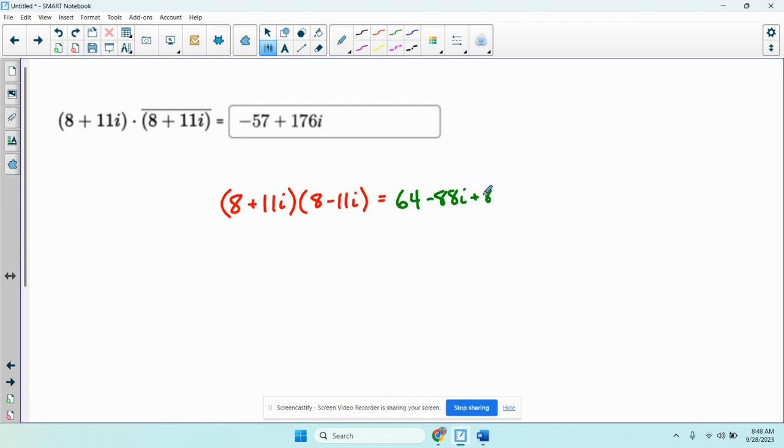Inner is positive 88i. And the last is going to be -121i squared. These cross out. I'm left with 64. This becomes a -1, makes that positive 121. So I get a total of 185.